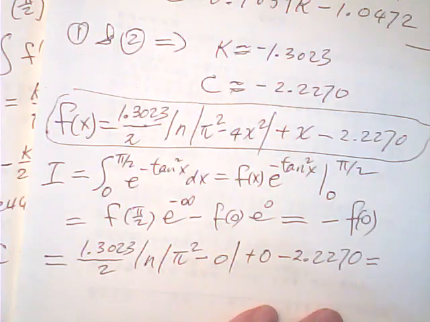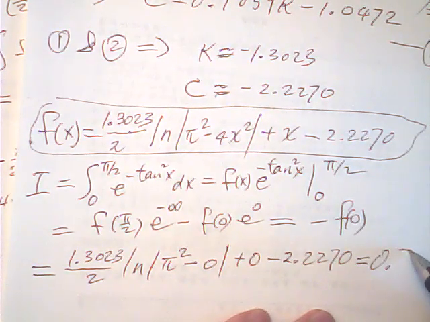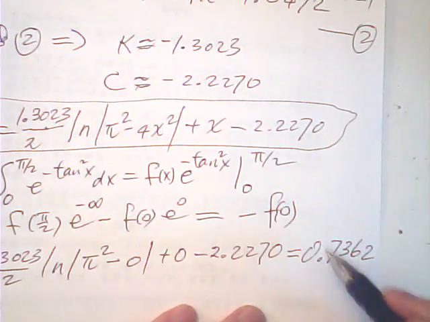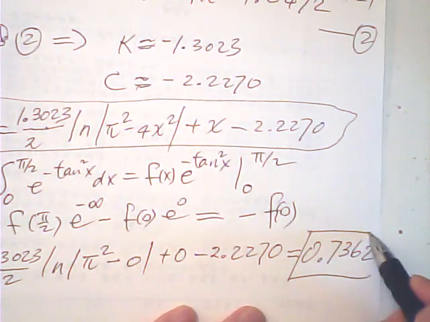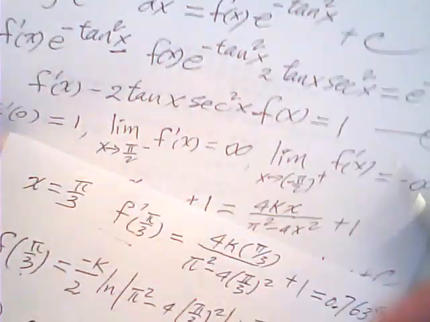So the final answer is 0.7362. That is the result using my method, based on all these steps of a process.